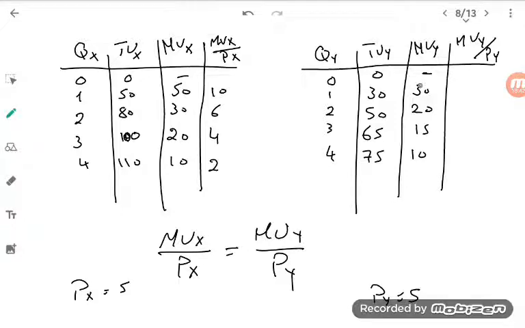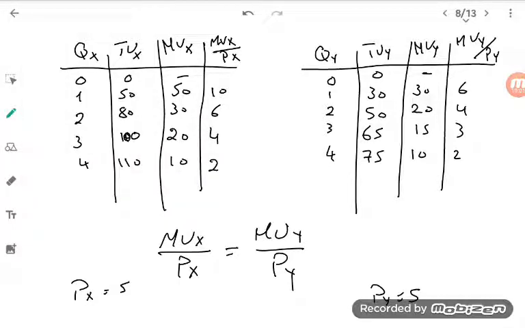And the same here. 30 divided by 5, it's 6. 20 divided by 5, it's 4. 15 divided by 5, 3. And 10 divided by 5, it's 2.